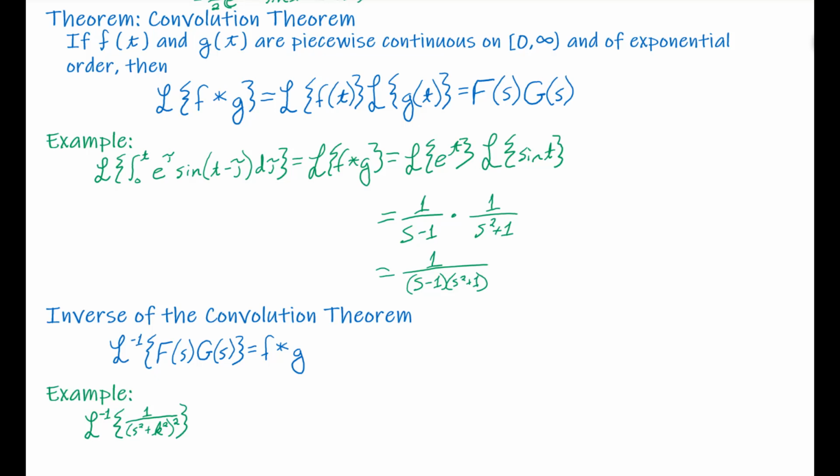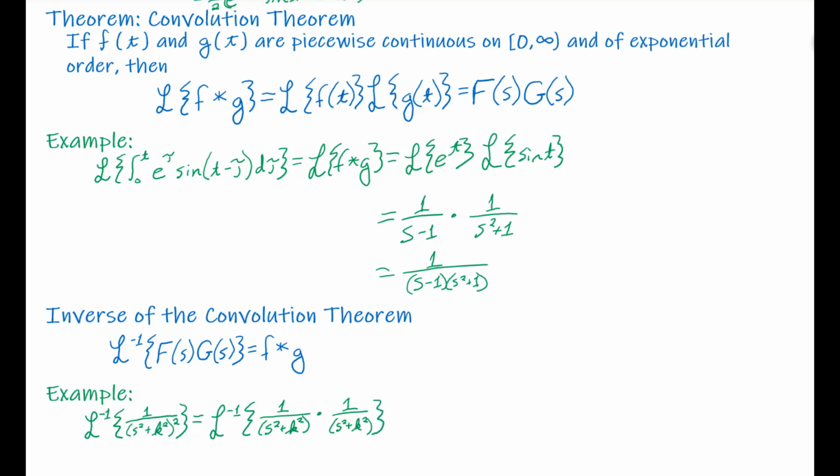If I want to take the inverse Laplace transform of 1 over the quantity s squared plus k squared, squared, I could say, you know what? I know that that is actually the inverse Laplace transform of 1 over s squared plus k squared times 1 over s squared plus k squared.